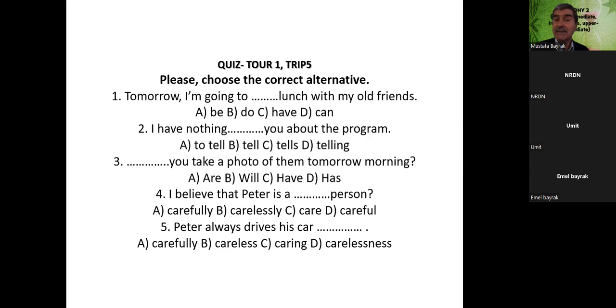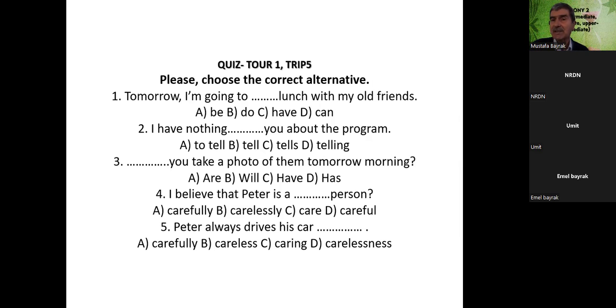4. I believe that Peter is a blank person. Do you see the differences between adjectives and adverbs? Carefully, carelessly, care, careful. Care is noun or verb. Carelessly, adverb. Carefully, adverb. So what do we need here?